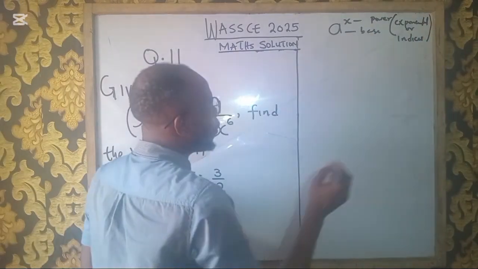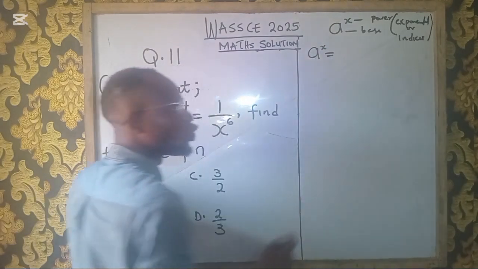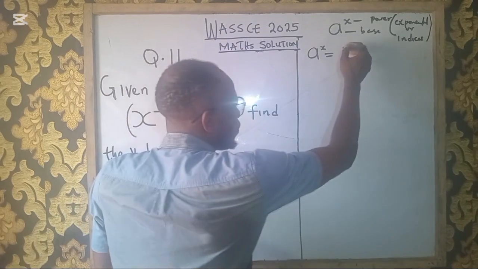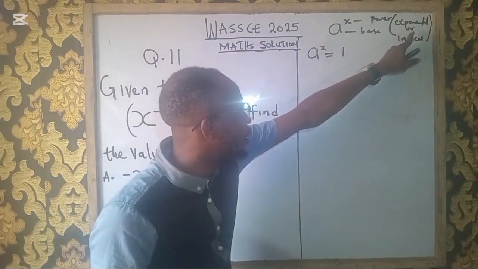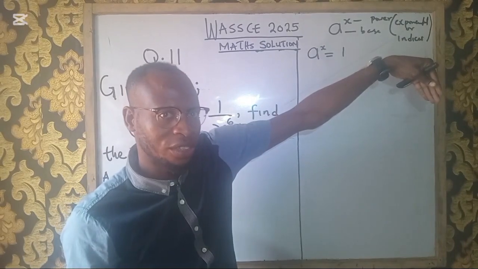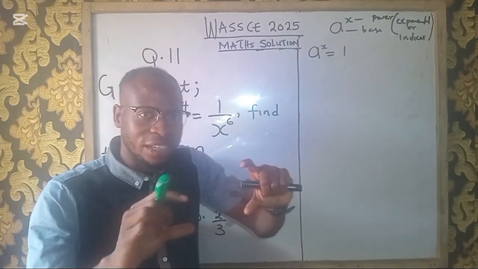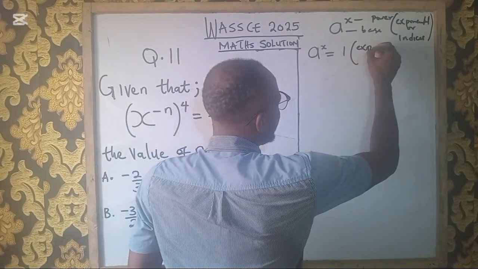But when you have that same a raised to power x equated to anything, let's say equated to 1, as far as the exponential or indices is equated to something, it can be another exponential. As far as there is an equal sign there, it is said to be an exponential equation.